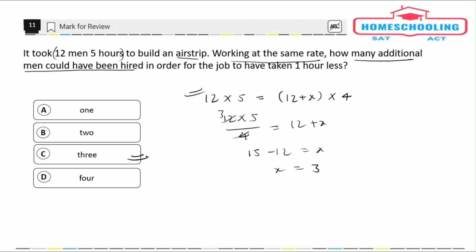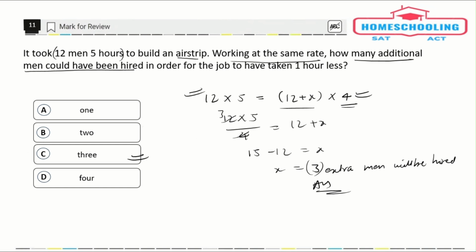So 3 more men will be hired, 3 extra men, to build the same airstrip in 1 hour less, that is 4 hours. So if 15 men are working together, the airstrip will be built in 4 hours. So 3 is your answer.